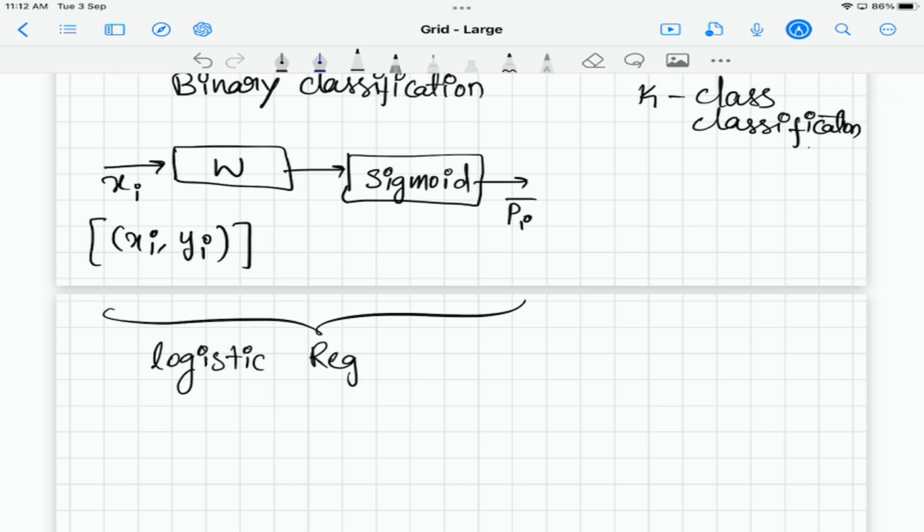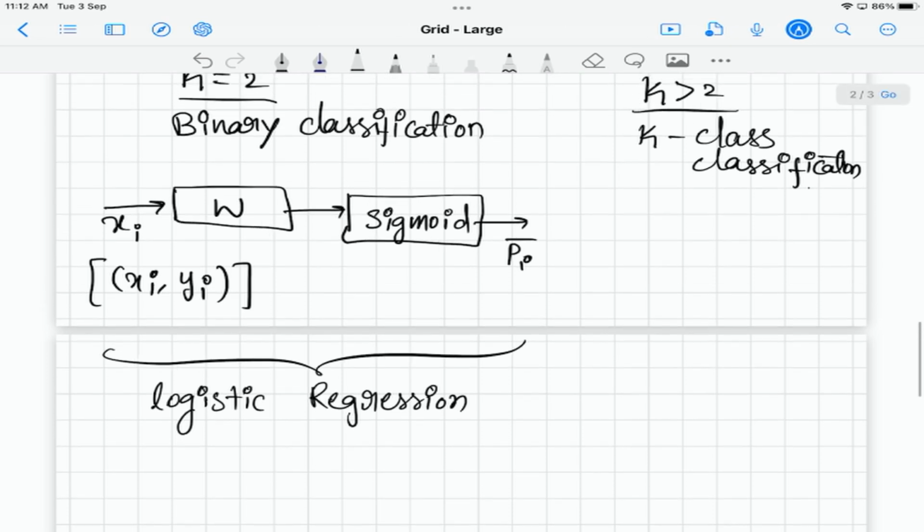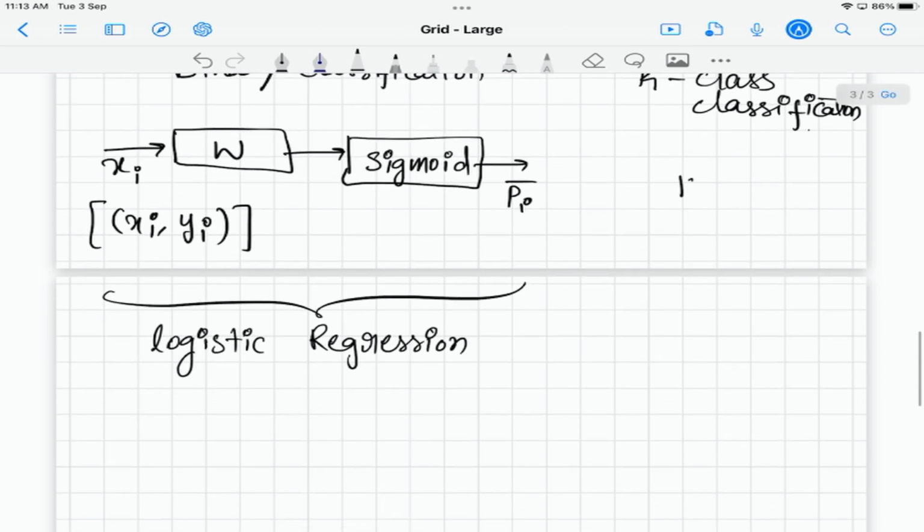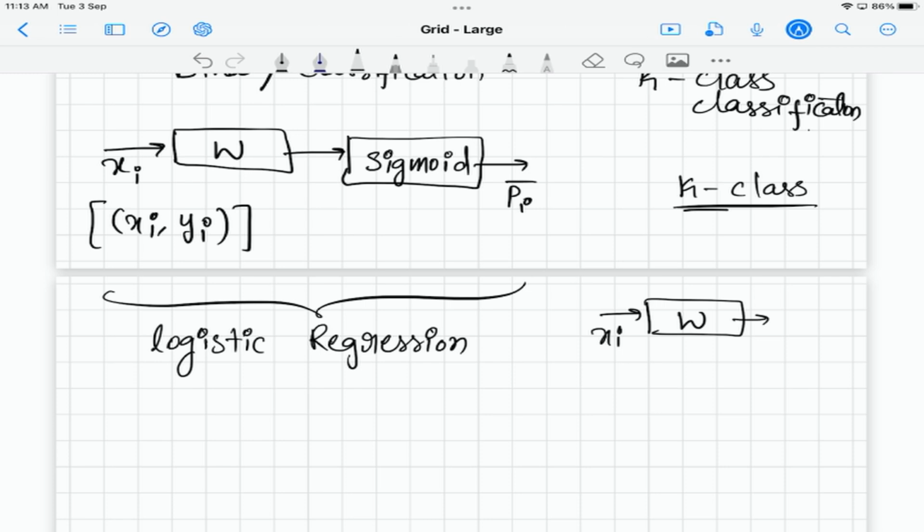Logistic regression is very simple. It is just a simple linear model plus your sigmoid. Sigmoid is converting your predicted vector into probabilities in your binary classification problem. Now coming to k-class classification. Again you will have a w and you give an xi, and in this case you will get a vector. This vector should go into a non-linear function.